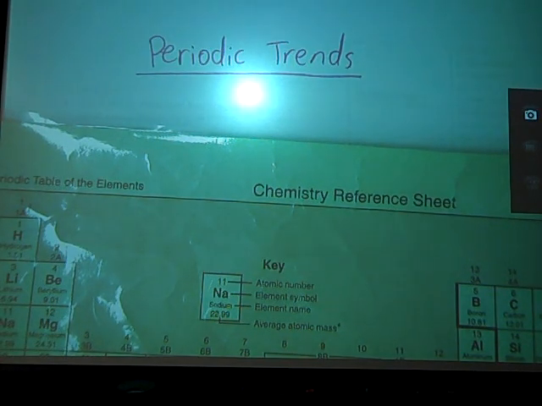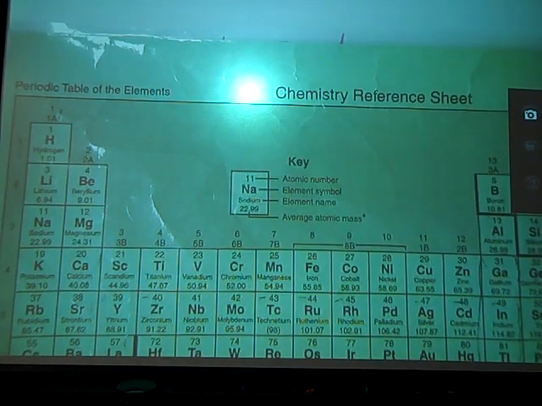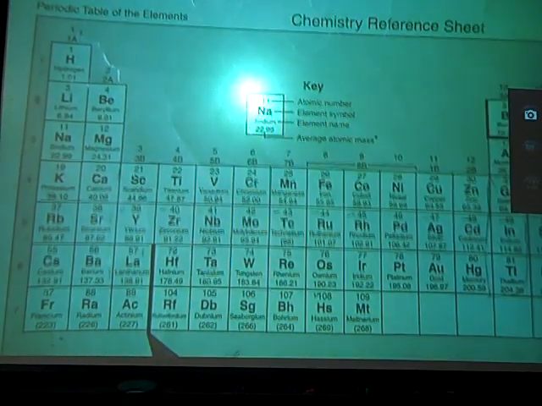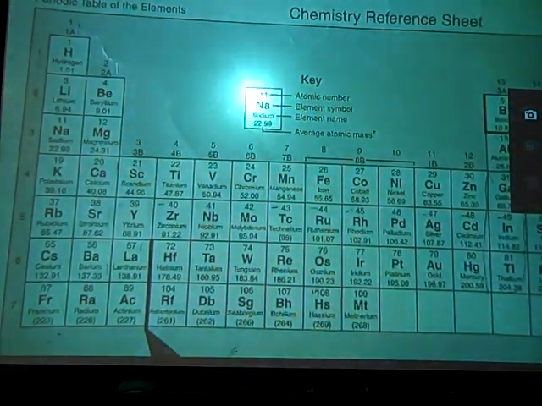Before I get into the trends themselves, there are a few truths that I want to talk about on the periodic table itself. This one has all kinds of marks on it, but that's okay. It'll still work. So the periodic table is this wonderful thing that gives you all kinds of information about all of these different elements.